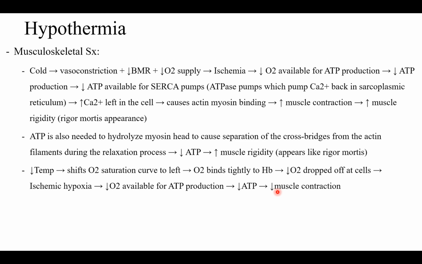This is because you have less oxygen, less ATP production, and you have less muscle contraction in a way that you are not contracting anymore, because you don't have any oxygen available, you don't have any ATP available anymore.